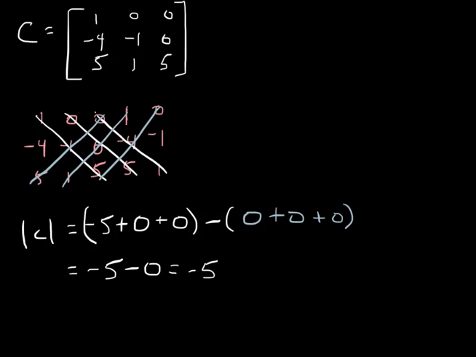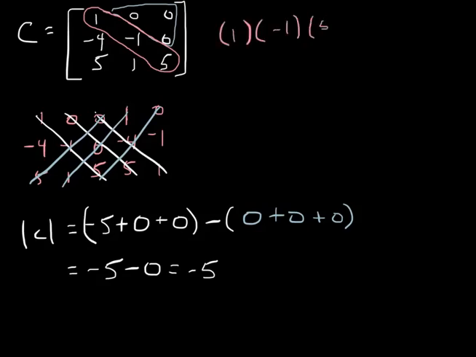So I'd like to point out something kind of cool about this matrix. Up here we've got a triangle of zeros. Now when that happens, your determinant is going to be just the product of the diagonal. So if we just found 1 times negative 1 times 5, we would also get the determinant. But again, that only happens when we have a triangle of zeros above or below that diagonal.